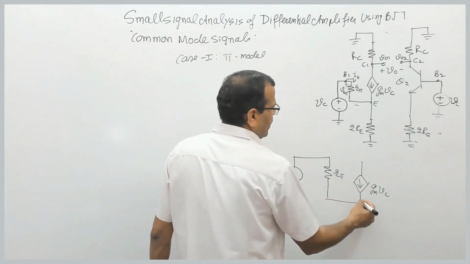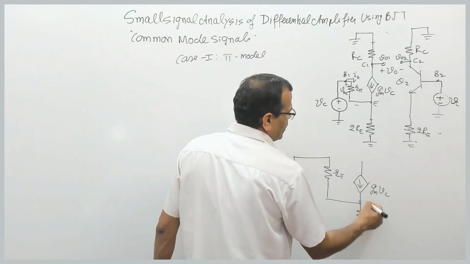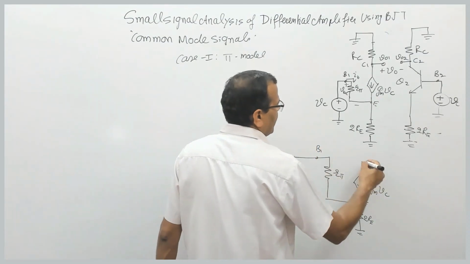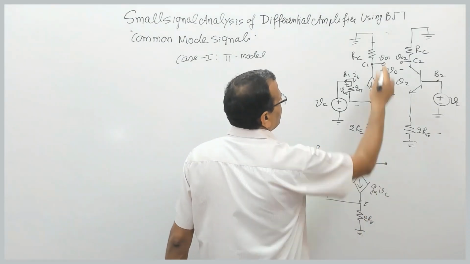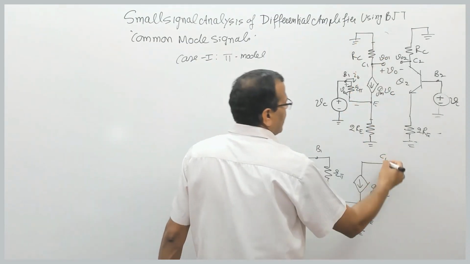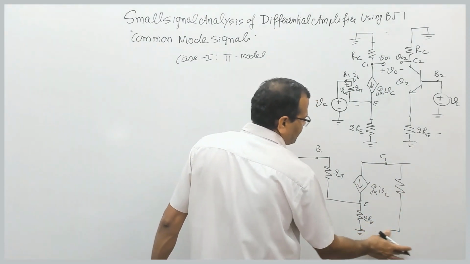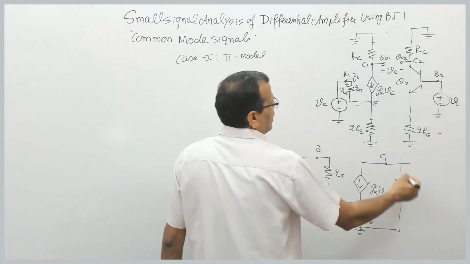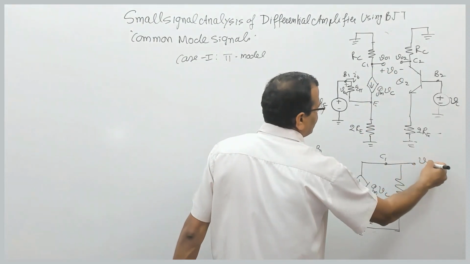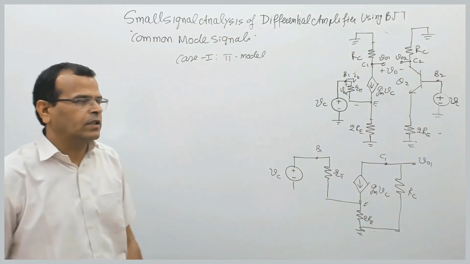Then we have a resistance here, that resistance is 2RE, this terminal is E, and this terminal is B1. From the terminal where current is coming, that is C1, from C1 to ground I have RC, and from C1 we take the output voltage V01. So this part of the circuit is drawn like this. Fine.